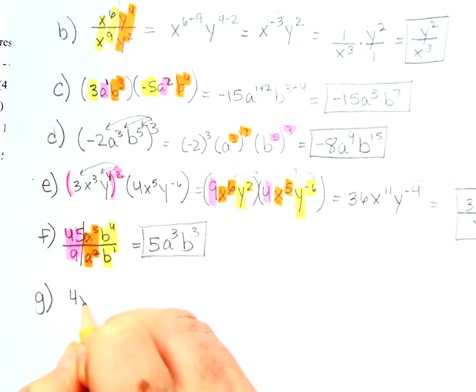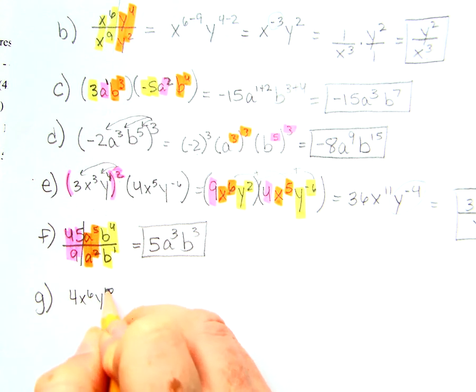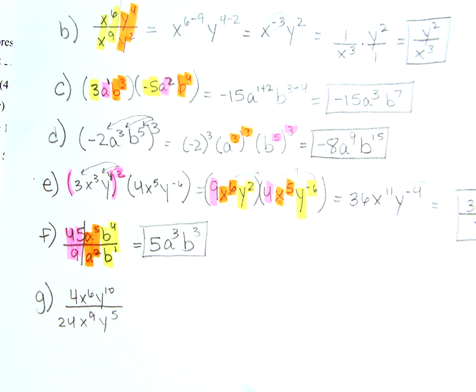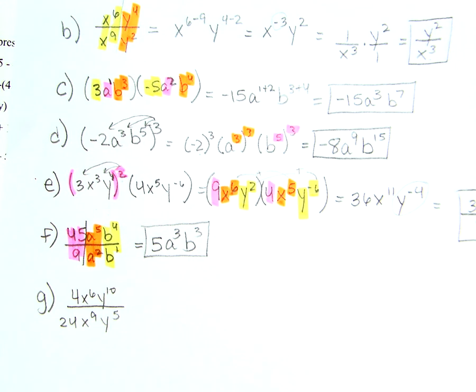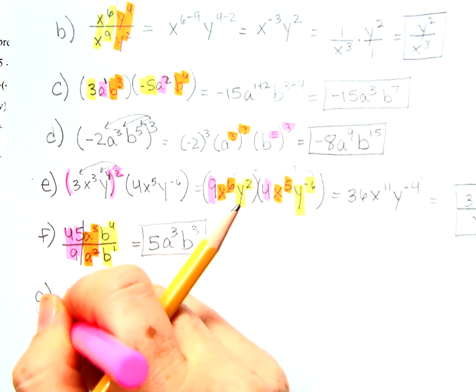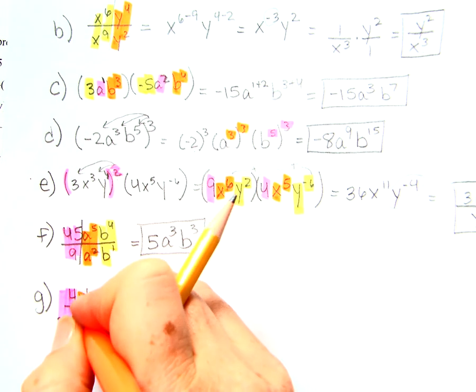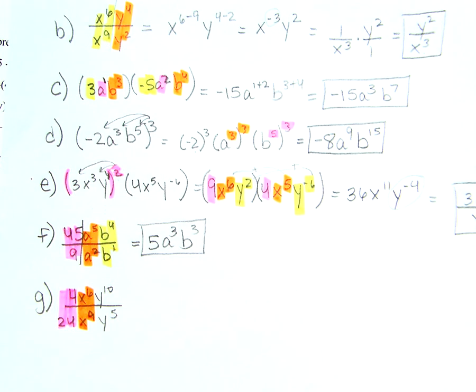G, we have 4x to the sixth, y to the 10th, over 24x to the 9th, y to the 5th. Again, let's separate our numbers. 4 divided by 24, divide like normal. Divide x's by subtracting exponents.